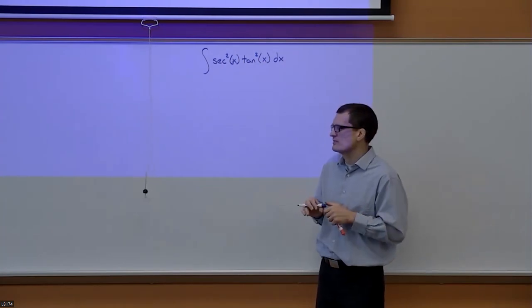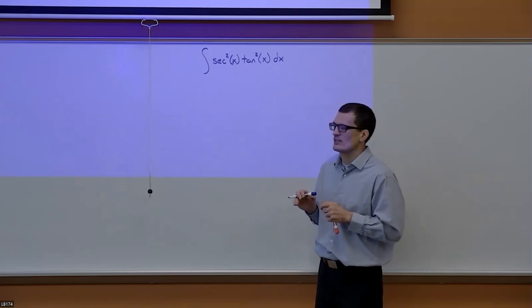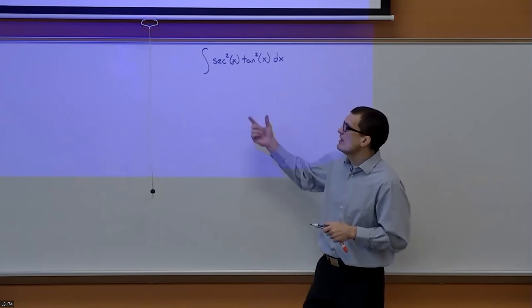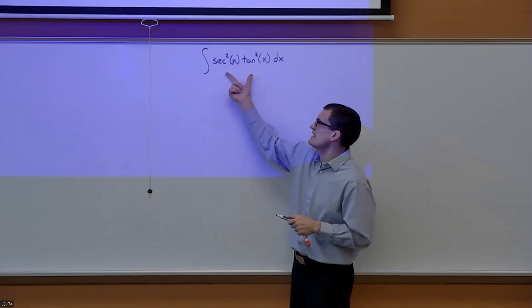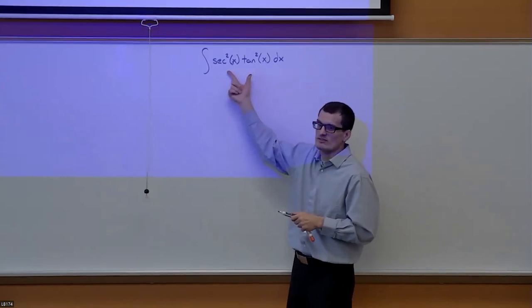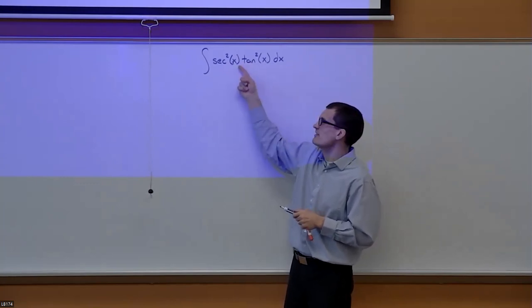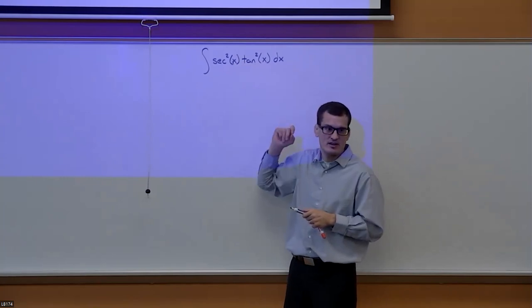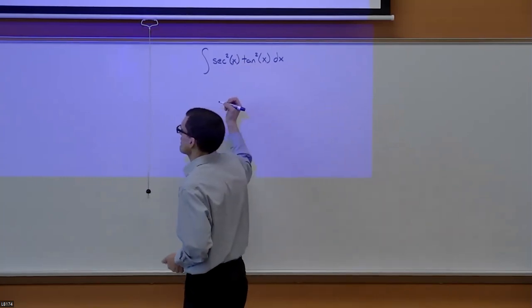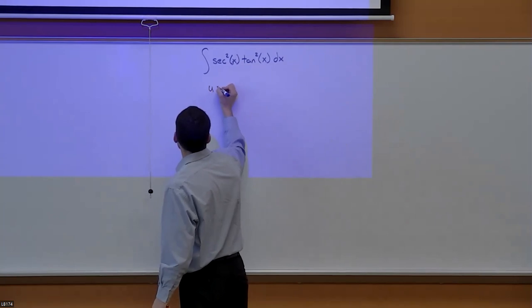This is one of those ones that you go, oh, this is a great one. Now, in the previous one, we took out a secant tangent. Obviously, if we took out one secant and one tangent, attached it to our dx, that's going to leave odd, right? So that's a good indication that you want to try the other thing.